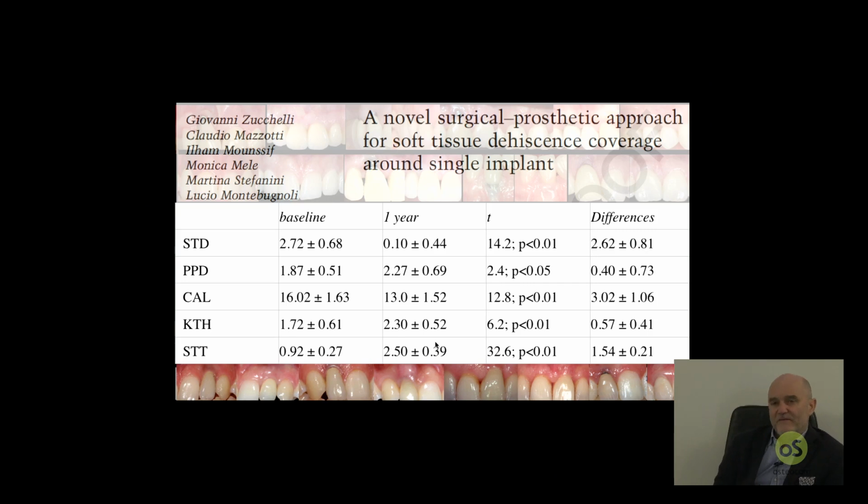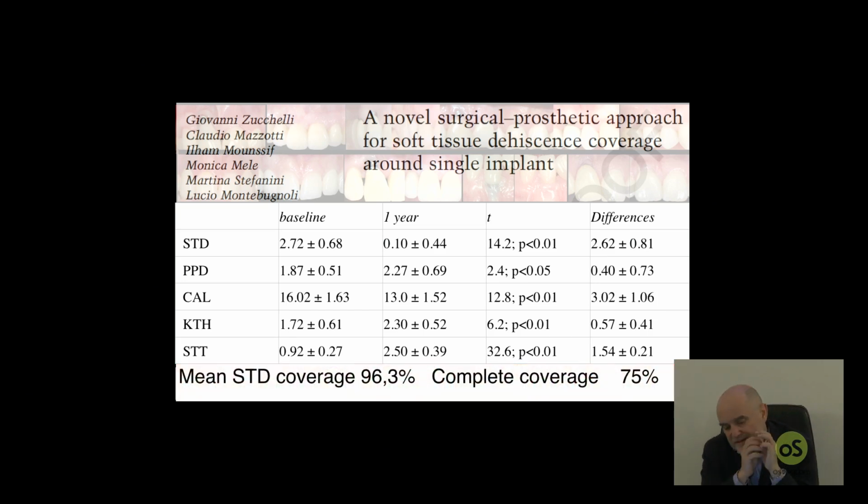This 2.5 is a value that is very, very safe in terms of risk for gingival recession recurrence, because we really have such an increase in the thickness that the risk for gingival recession is very, very low.